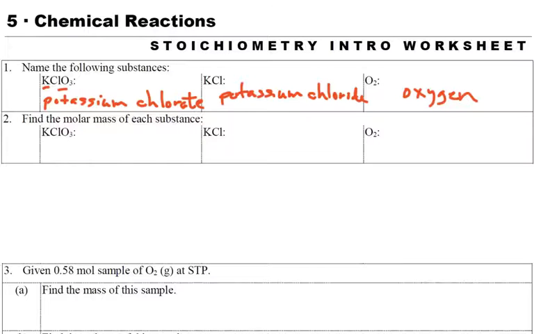So find the mass of each of these. For this we need our periodic table, but I'm going to go ahead and do my notes down here. I have a K, I have a Cl, and I have O times 3. I know that my potassium is 39.1, and my chlorine is 35.45.